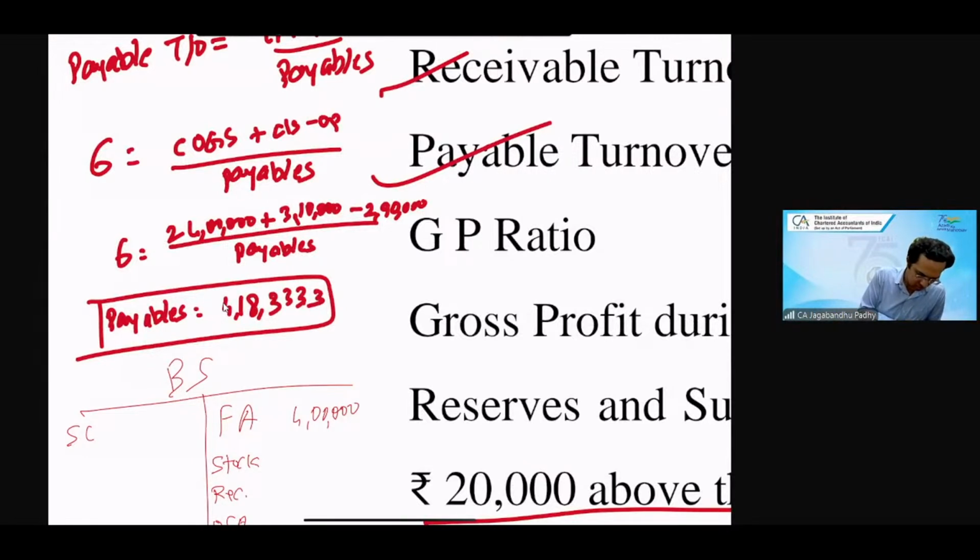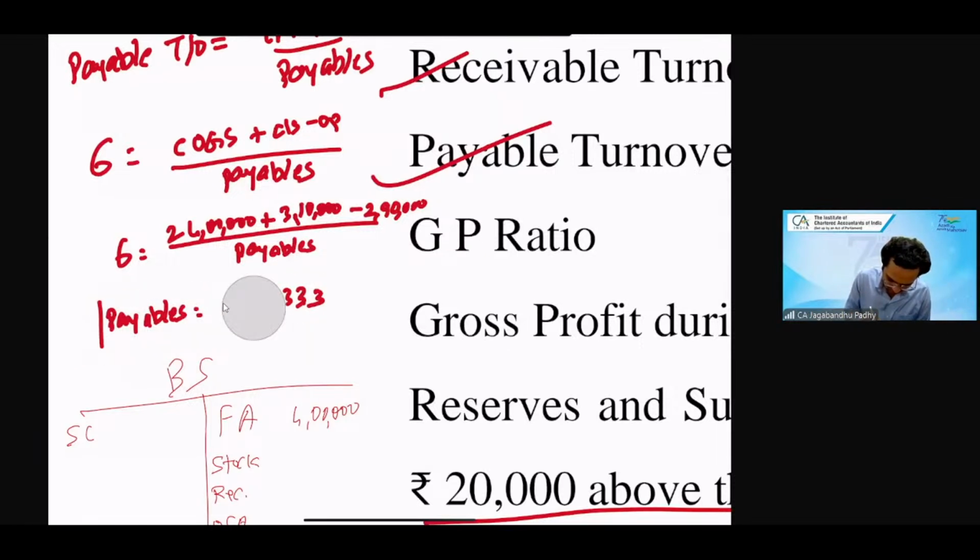There is a mistake. 24 lakh plus 3 lakh 10,000 minus 2 lakh 90,000. 24 lakh 20 divided by 6. Yeah, correct. So this is 4 lakh 3,333.